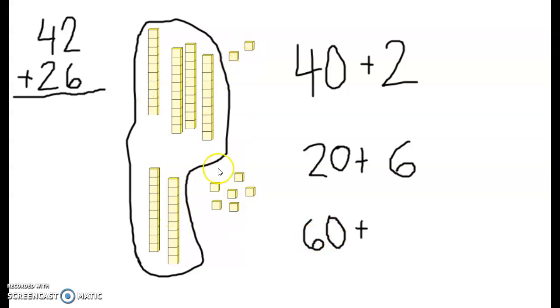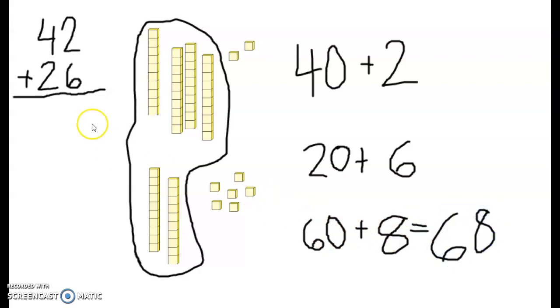And I have 1, 2, 3, 4, 5, 6, 7, 8 ones. So I can combine the tens with the ones now, and I know that 60 plus 8 is equal to 68. So the sum of 42 food items and 26 food items is 68 food items.